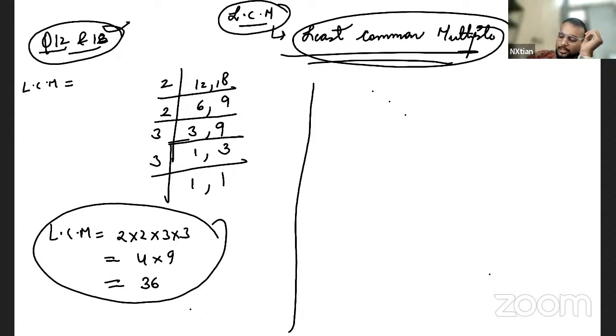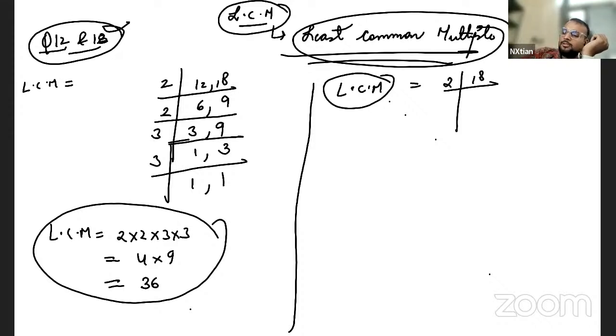So this is what we learned. Now, if I find the LCM in another way, it's going to be like this. If I do the prime factorization of 18: 2, 9, 3, 3, 3, 1.